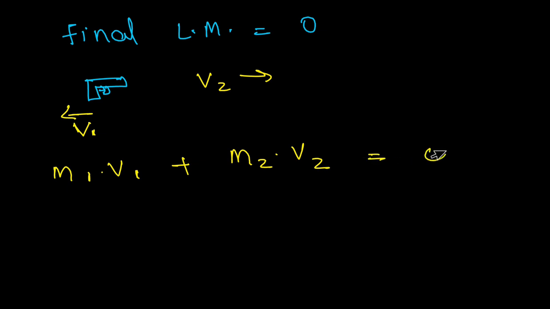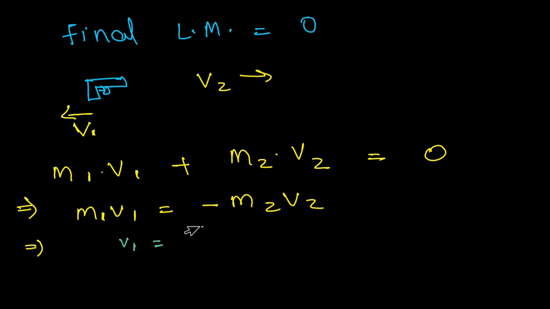It will be 0 since linear momentum before firing the gun was 0, and from this we can obtain the recoil velocity of gun. It will be m1 v1 is equal to minus m2 v2 when we move this m2 v2 to the right hand side, and from this we obtain v1 to be minus m2 v2 upon m1.